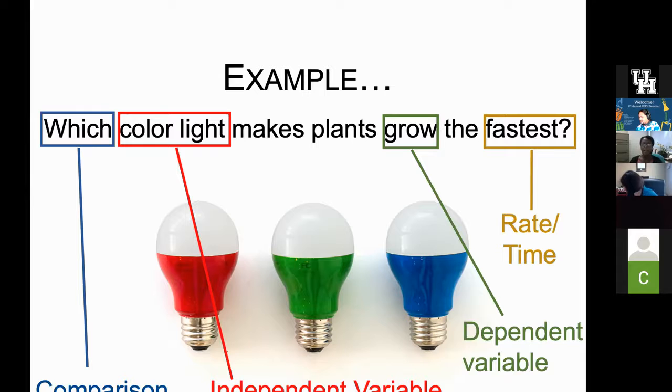With any question that you pull out, you should be able to identify immediately the independent variable and the dependent variable. And in this case, I've also called out the "which," because that tells me that there's going to be a comparison, and the rate of time, "fastest," because that tells me something else about how I'm going to be measuring things.